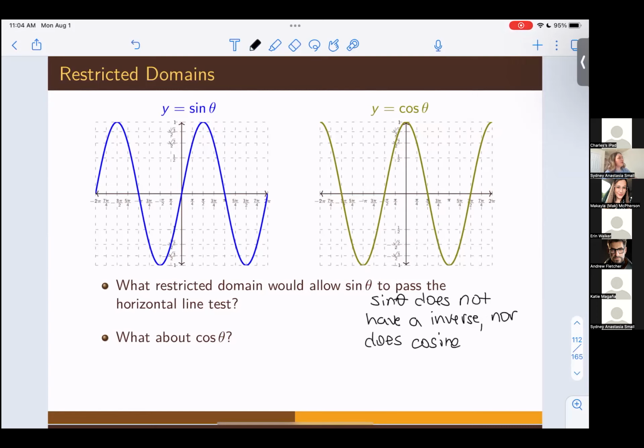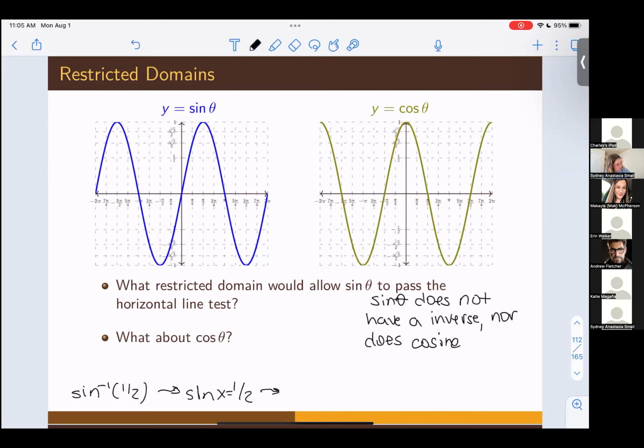Think about it. If, for example, I want to find inverse sine of 1/2, because I'm working with a function, I should only have one output. What's an angle whose sine is 1/2? Well, we did a lot of this in the last unit. Let's think about it. Okay, sine inverse equals 1/2 would imply that the sine of x is equal to 1/2.